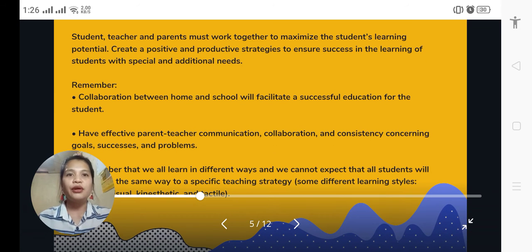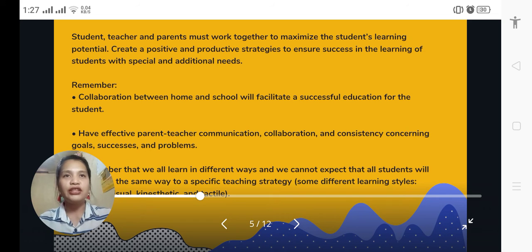Okay, so student, teacher, and parents must work together to maximize the student's learning potential. Create positive, productive strategies to ensure success in the learning of students with special and additional needs. We should always remember that first, collaboration between home and school will facilitate a successful education for the student.